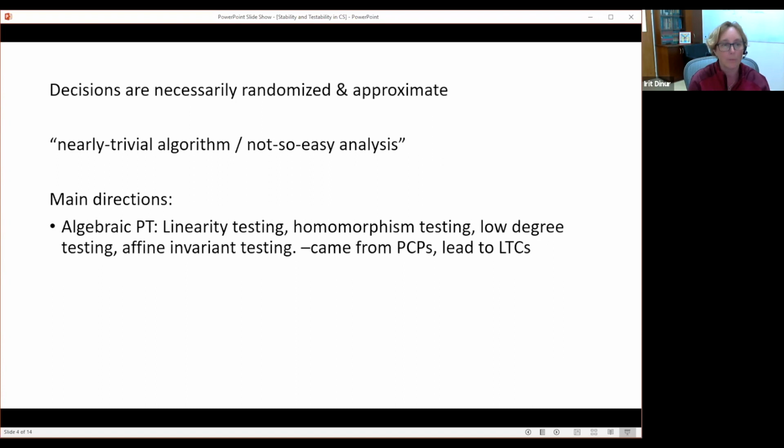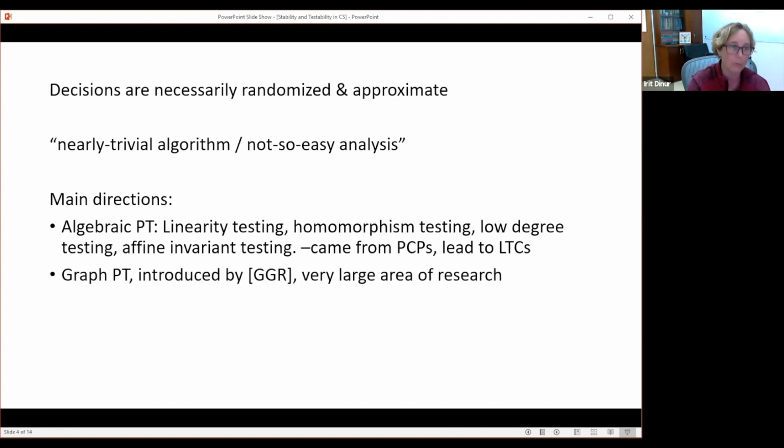These came from the study of probabilistically checkable proofs and trying to construct a certain kind of stable encoding. We will later discuss what it means to be a stable system of equations or stable encoding. So this is algebraic property testing, and there's also graph property testing.